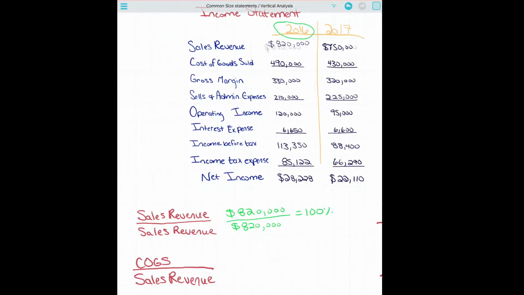Okay, now for the cost of goods sold divided by the sales revenue, you will get 59.8%.